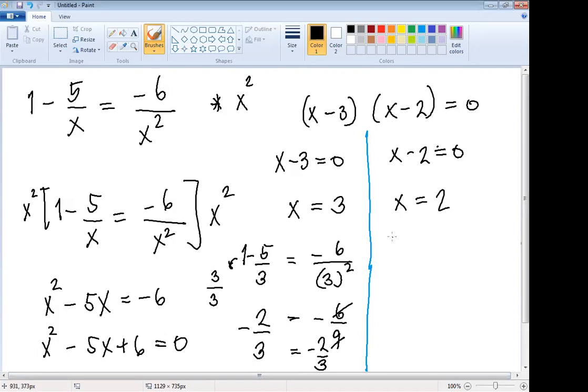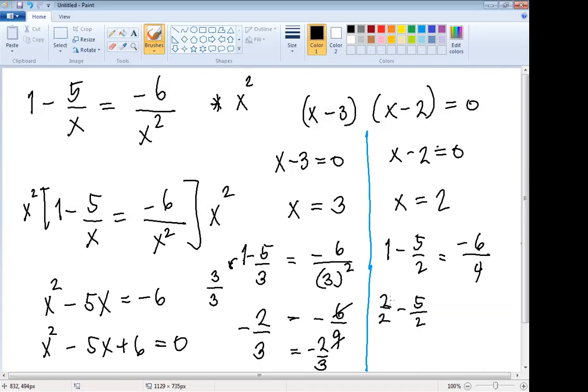How about the other one? For example, we are going to use now the original equation. 1 minus 5 over 2 equal to negative 6 over 2 squared, which is equal to 4. So here we will make the same denominator. So 2 over 2 now, 2 over 2 minus 5 over 2.